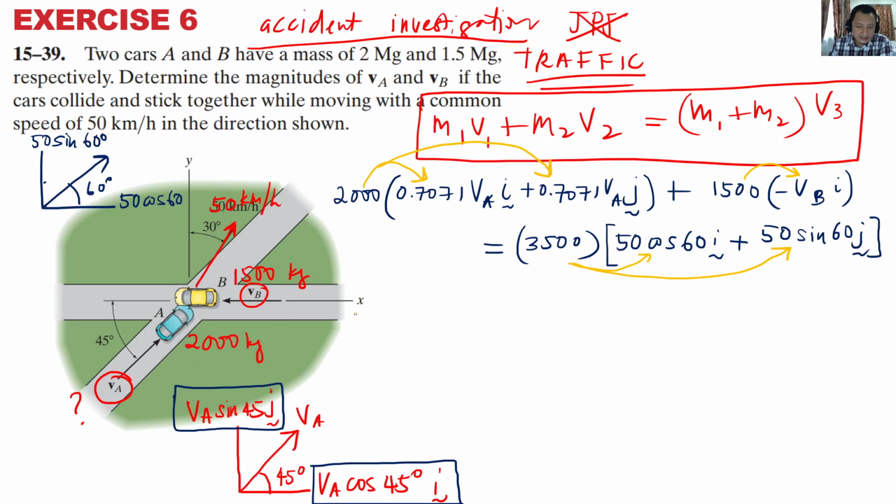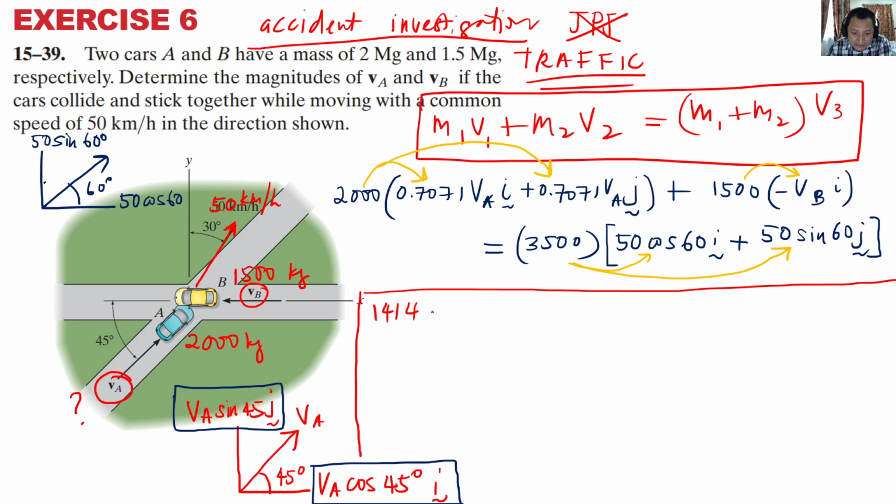Let's try to do it. Don't be lazy. 2000 times 0.7071 is 1414 VA i.